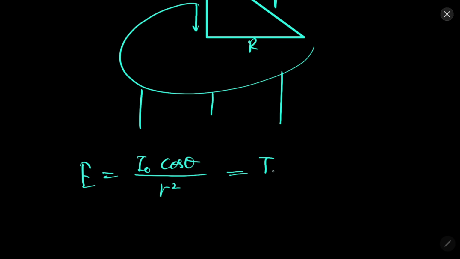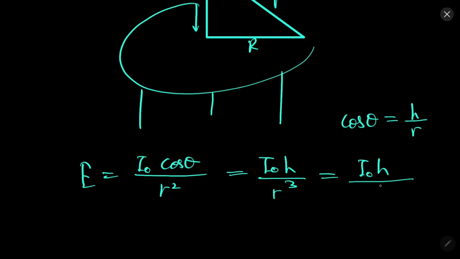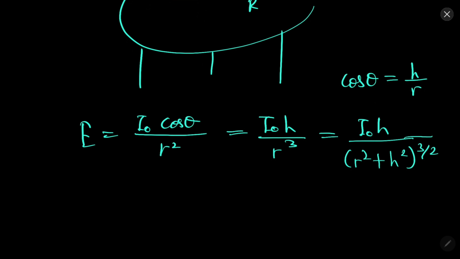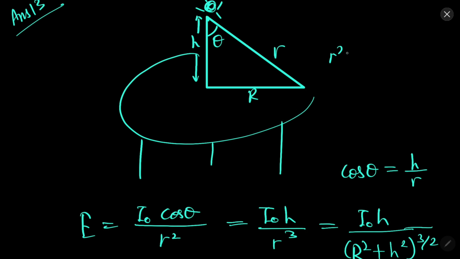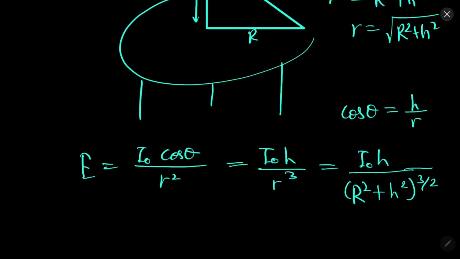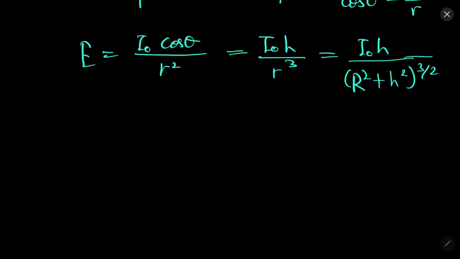So we will have I naught h over r cube, because cos theta is equal to h over r. Now it will give us I naught h over R square plus h square to the power 3 by 2, sorry, capital R. Why? Because r square is the hypotenuse, it will be R square plus h square, so r will be equal to root R square plus h square. So we will have this thing here.